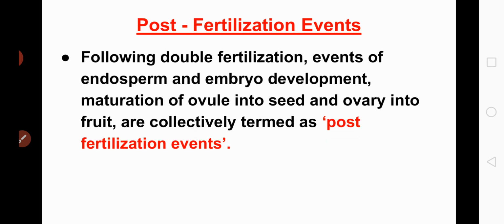Following double fertilization, events of endosperm and embryo development, maturation of ovule into seed, and ovary into fruit take place, which are collectively termed as post fertilization events. Okay, so during post fertilization events, endosperm is formed, embryo is formed, and the ovule develops into seed, and ovary develops into fruit.